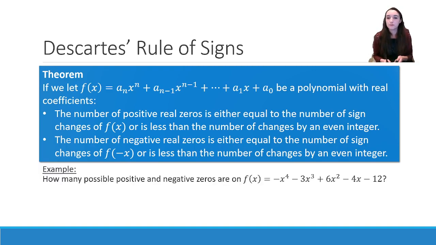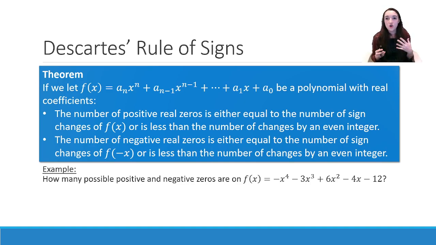But, for example, a question you could be asked where you would have to use Descartes' rule of signs is, how many possible positive and negative zeros are in the following function? Just like with the rational root theorem, which was only asking what the possible rational roots are, not what the actual ones are, Descartes' rule of signs tells you what possible number of zeros you get.